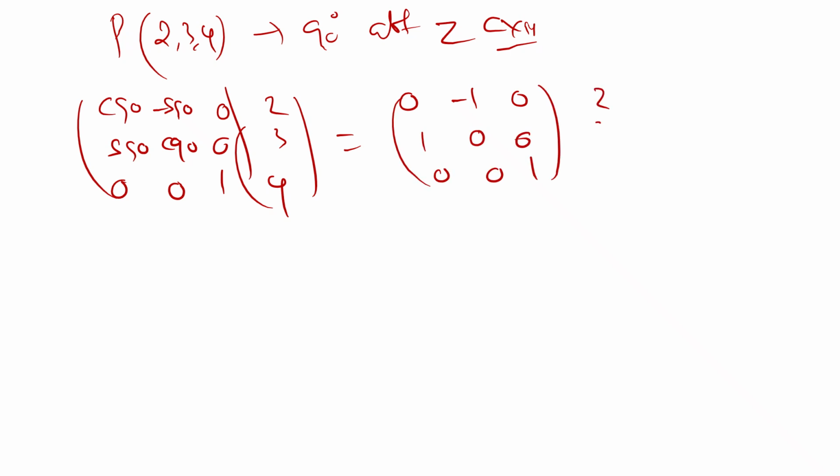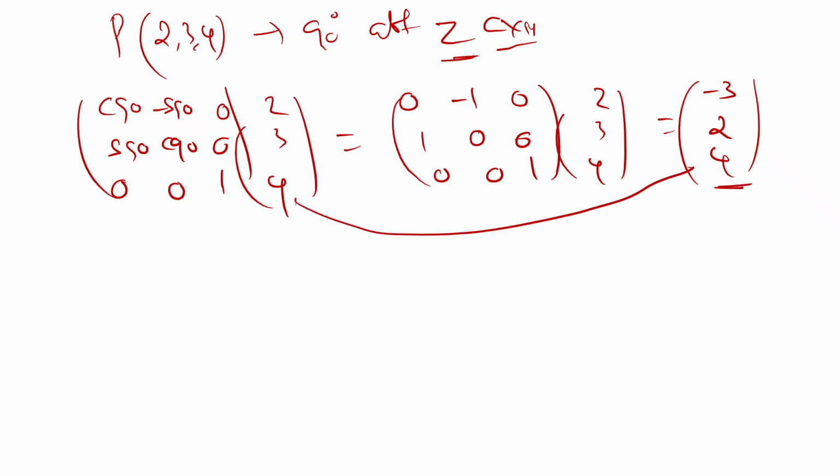When you multiply, this becomes minus 3, 2, and 4. So what is the understanding? Since it's about the z-axis, there is no change in the z coordinate. That parameter will never change, but these will be swapped, with a sign change.